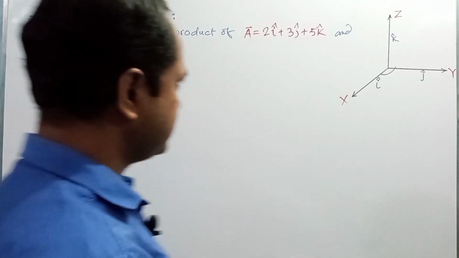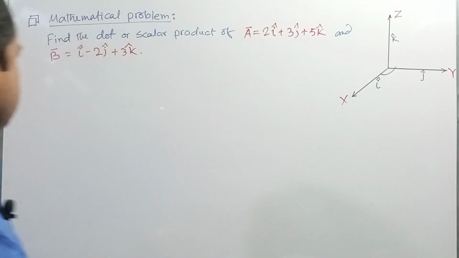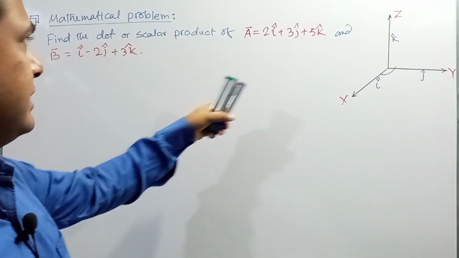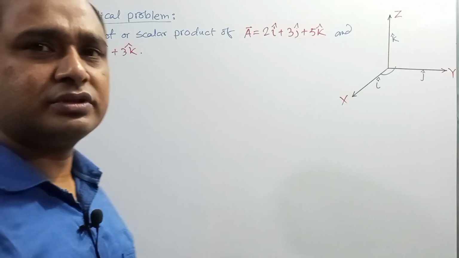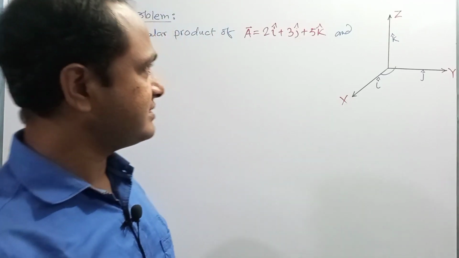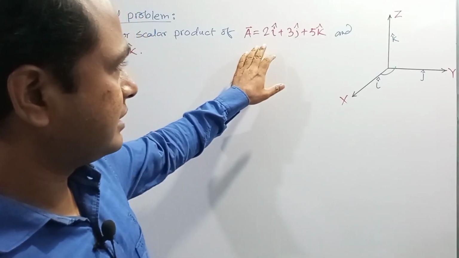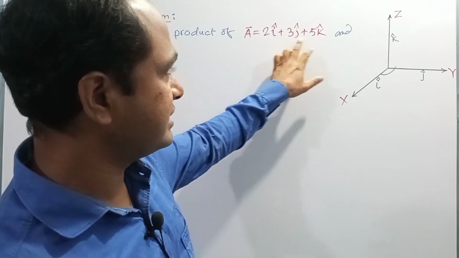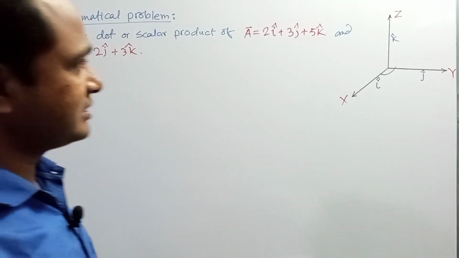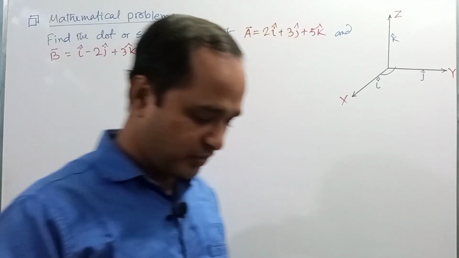Okay, my dear students, now we are going to find the dot product or scalar product of a and b. Here a and b are both vectors resolved in three-dimensional coordinate system. That is, a has three components, one part along x axis, along y axis, along z axis. Similarly b has three components, so we have to find the dot product of the two vectors.